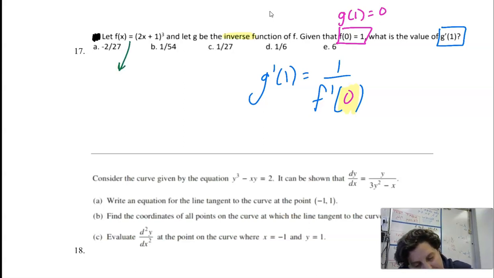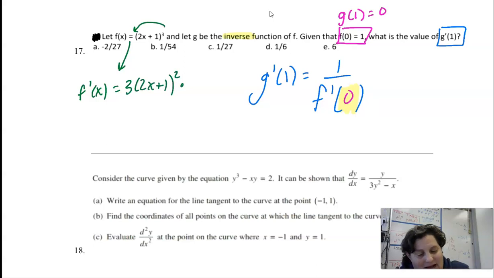If I come over here, this is a chain rule, where the 3 comes down in front, squared, times the derivative of the inside, because with a chain rule I need to multiply by 2. So it's actually 6 times 2x plus 1 squared.